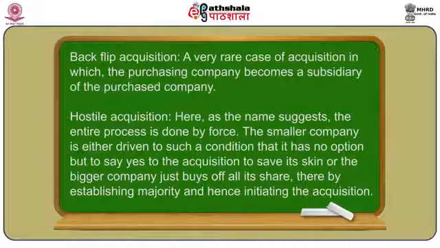Hostile acquisition, where, as the name suggests, the entire process is done by an unforeseen element. The smaller company is either driven to such a condition that it has no option but to say yes to the acquisition, or, to save its skin, the bigger company can buy the complete shares of the smaller company.